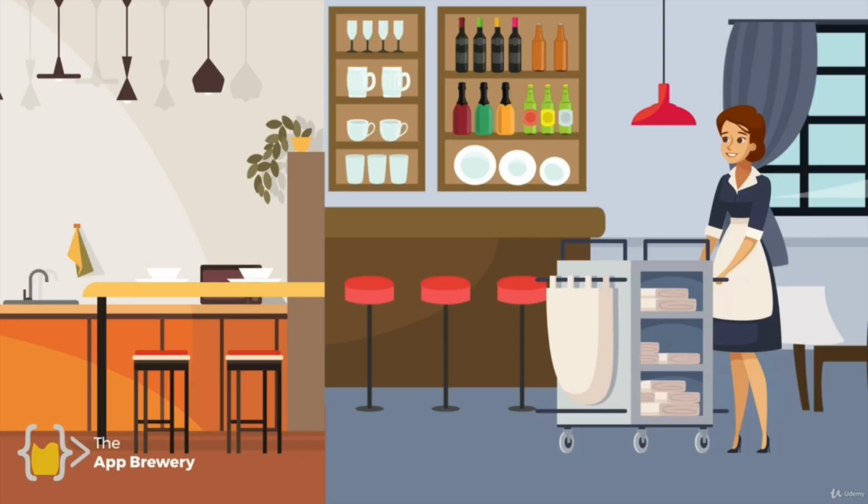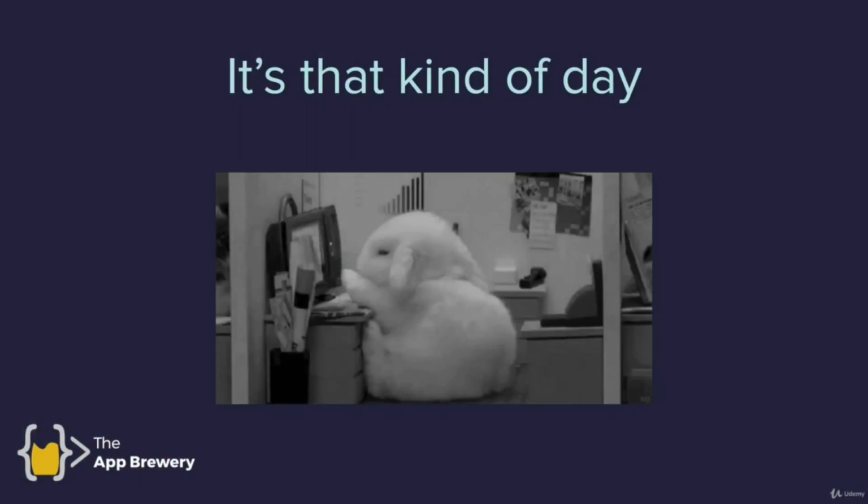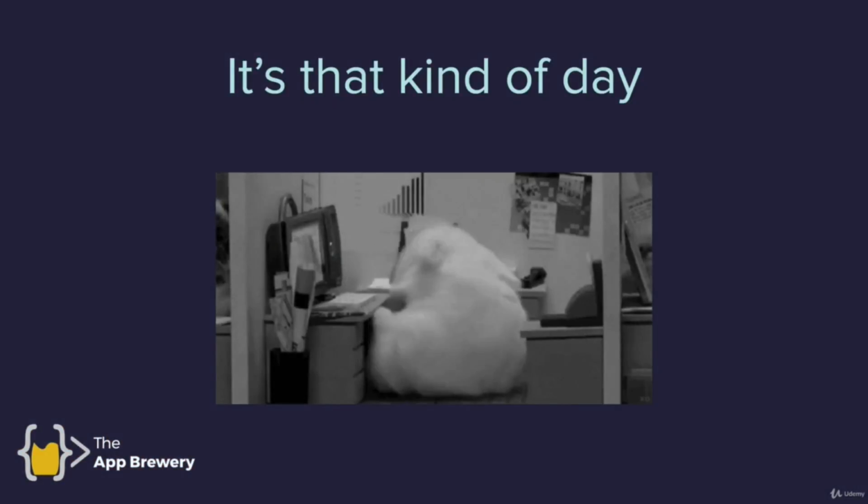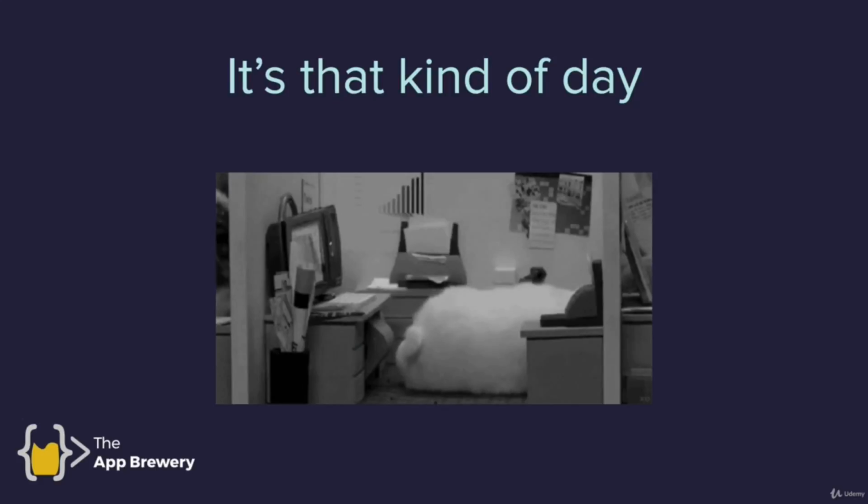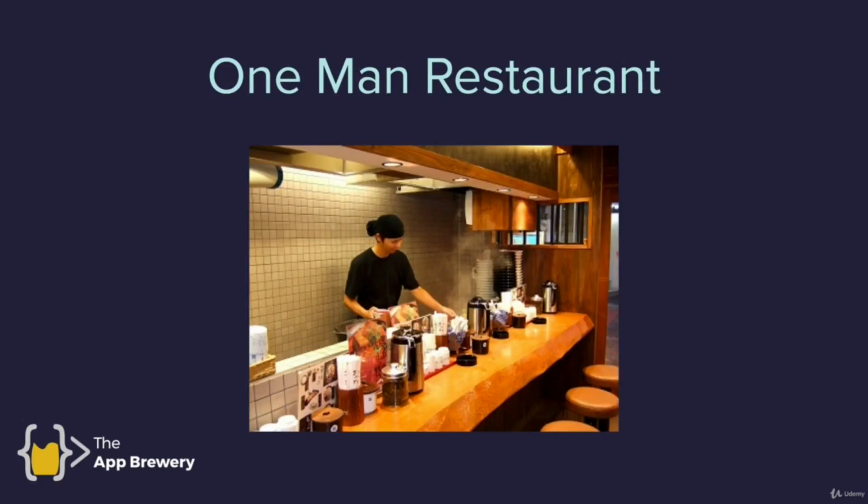As you can imagine, if you're one person having to do all of these tasks, that's going to be a pretty rough day. There are, in fact, one-man restaurants, and I've seen some work really well in Japan, where you have just one person who's taking the order, who's making the food, who's tidying up after you. But the limitation here, though, is that look at how many seats he has.